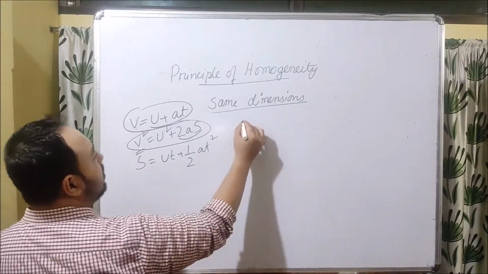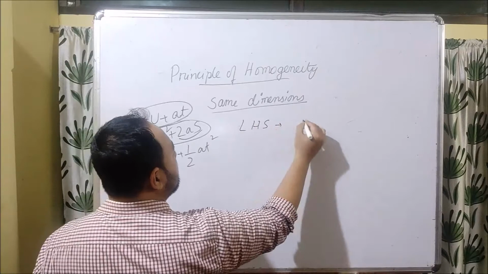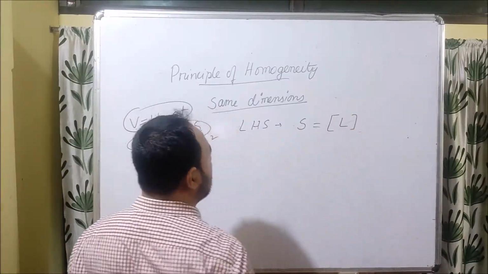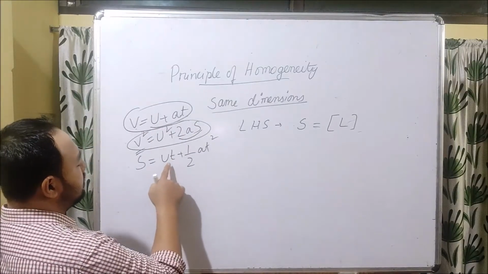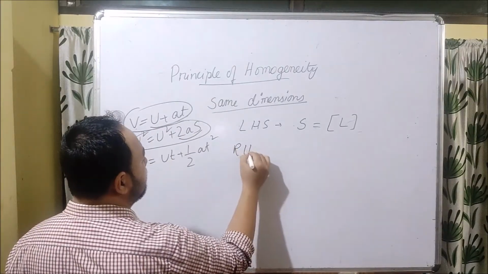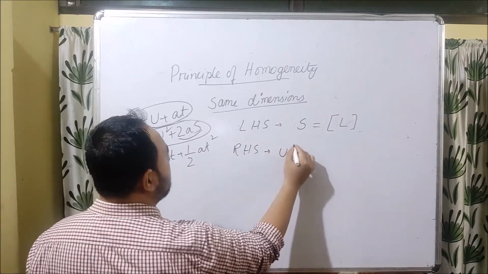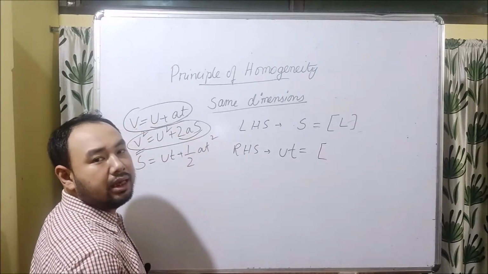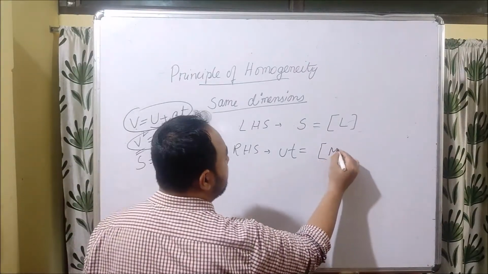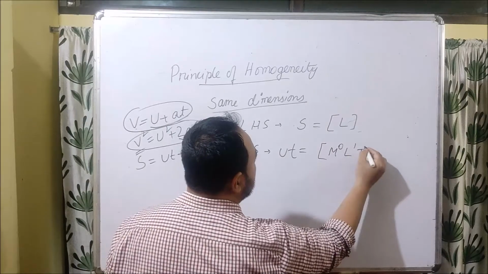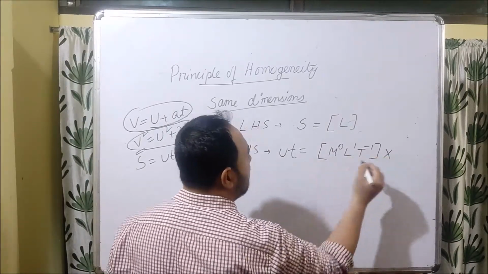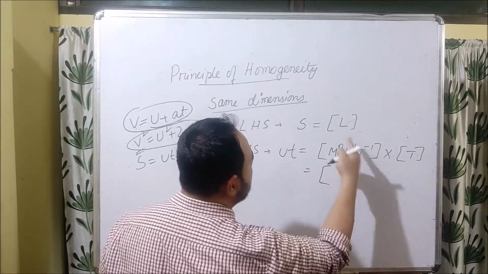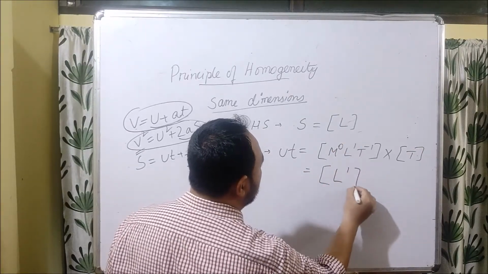So LHS is what? This is length, so it will be L. For the next term, ut, u is what? It is the initial velocity, so this will be m0 l1 t minus 1 and multiplied by time. So same you will get L1.